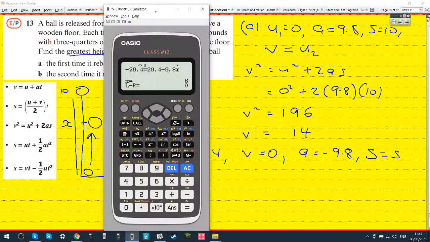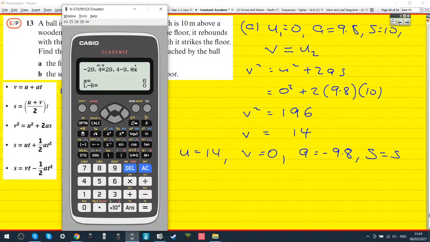S isn't squared, so that'll just be one answer. I'm using the calculator.